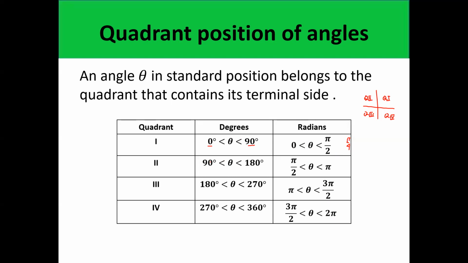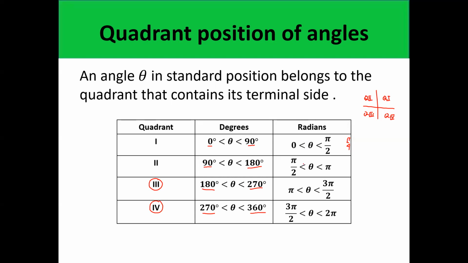Now, if the angles are measured between 90 and 180 degrees, the angle is said to be in the second quadrant. If the angles are measured between 180 and 270 degrees, then the angle is in quadrant 3. And if the angle is measured between 270 degrees up to 360 degrees, then the angle is in quadrant 4.